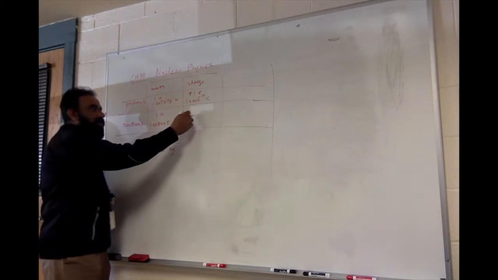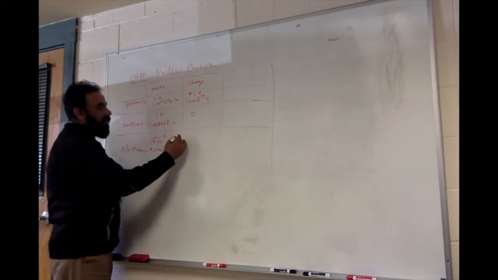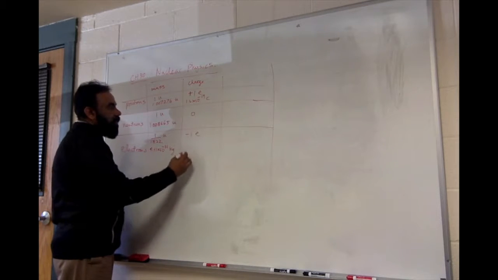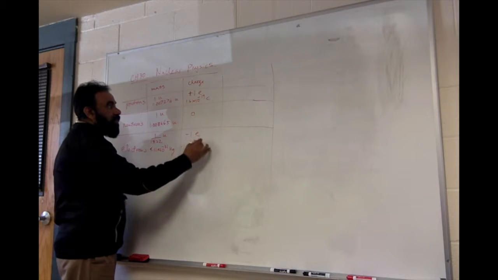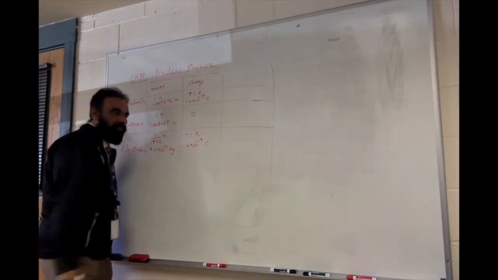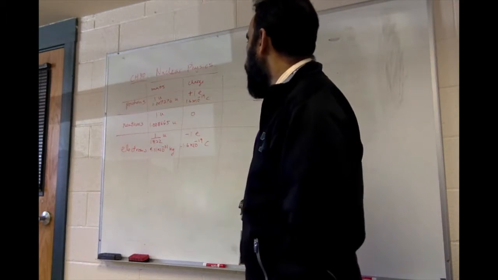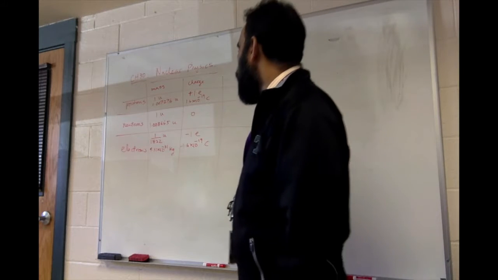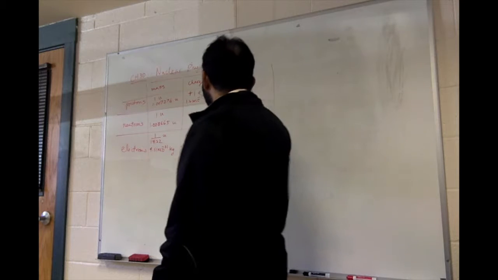Neutrons are not charged. Electrons are charged minus 1 e, which is 1.6 with a negative sign, times 10 power negative 19 coulombs. That is the charge of protons, neutrons, and electrons.